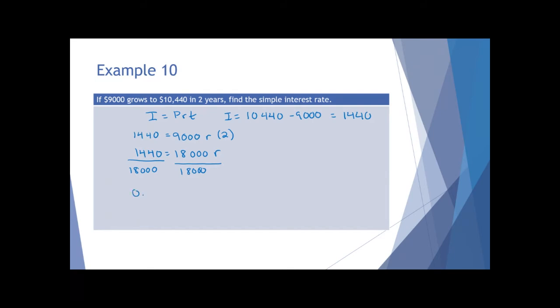So that gives 0.08 equals R. Now the R is always in decimal form, so you have to multiply that by 100 to get the interest rate. So that is really 8% simple interest.